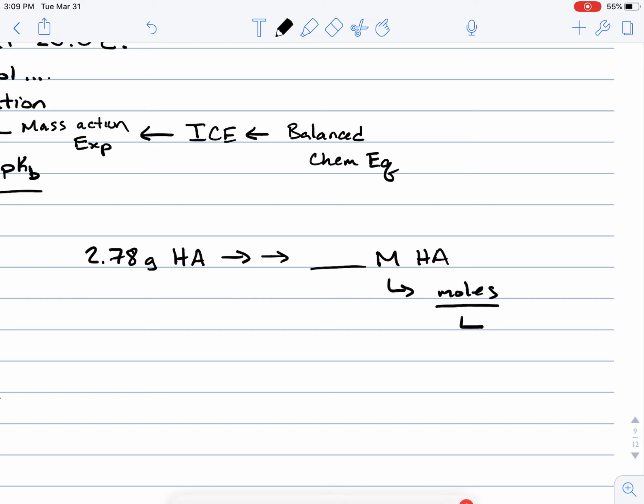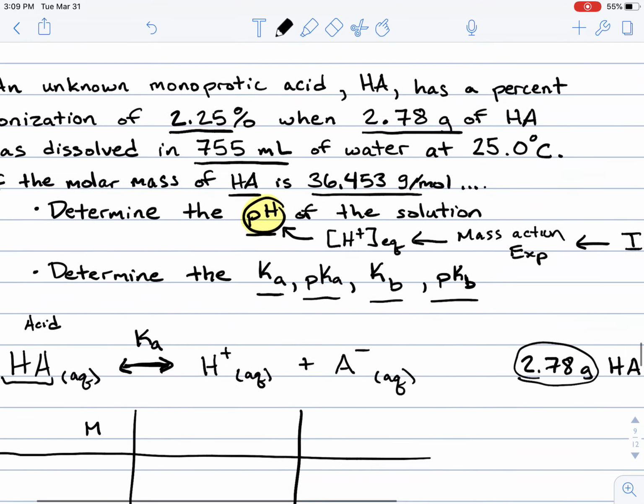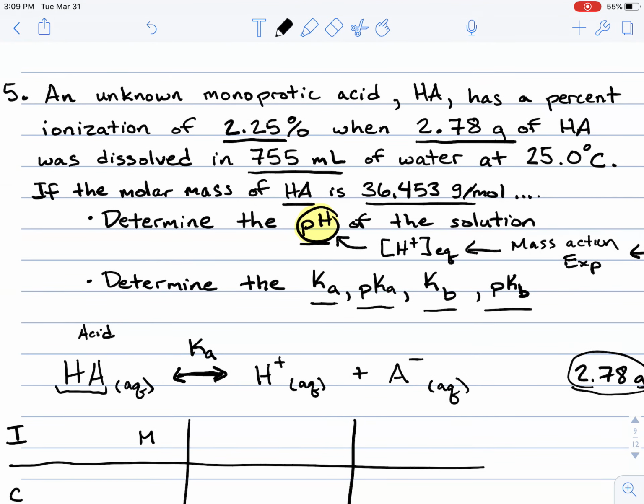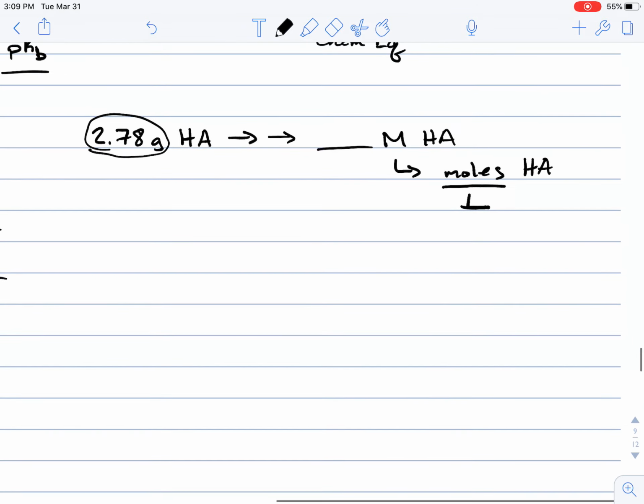And so if we can somehow convert 2.78 grams of HA into moles of HA, we can go ahead and plug that into our numerator. And then for our volume, which is liters, we're going to go ahead and convert 755 milliliters into liters and put that into our denominator. And then once we have those two values, we're going to go ahead and divide them to get molarity.